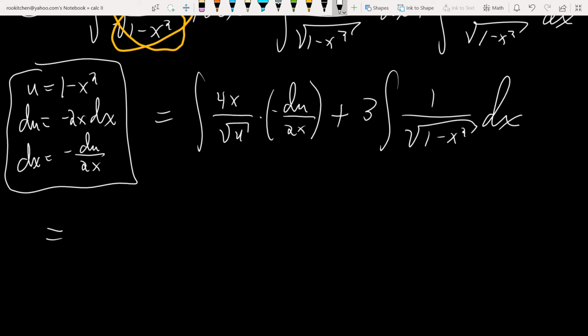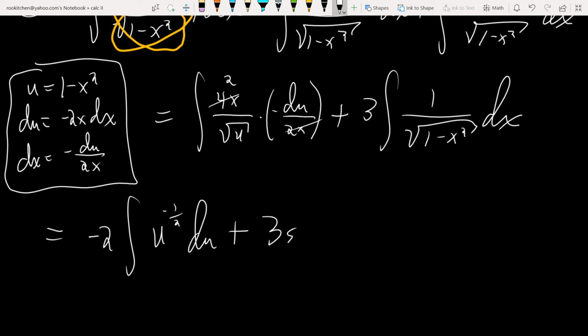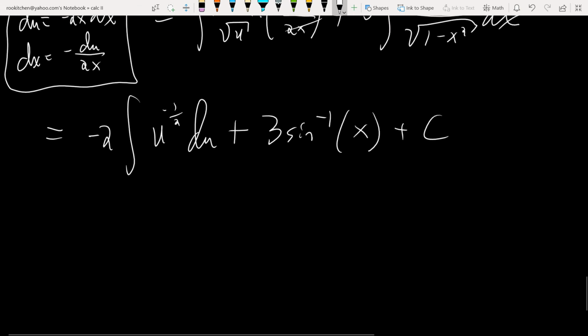All right, so anyways, you can factor out a negative 2 when all is said and done, right? For some cancellation. So you can factor out negative 2 from the first integral. Rewrite 1 over square root u as u to the negative 1/2 du. This other integral is 3 sine inverse of u all over a. U is x, a is 1, plus C. And then we need to do a power rule. So negative 2 times u now to the positive 1/2.